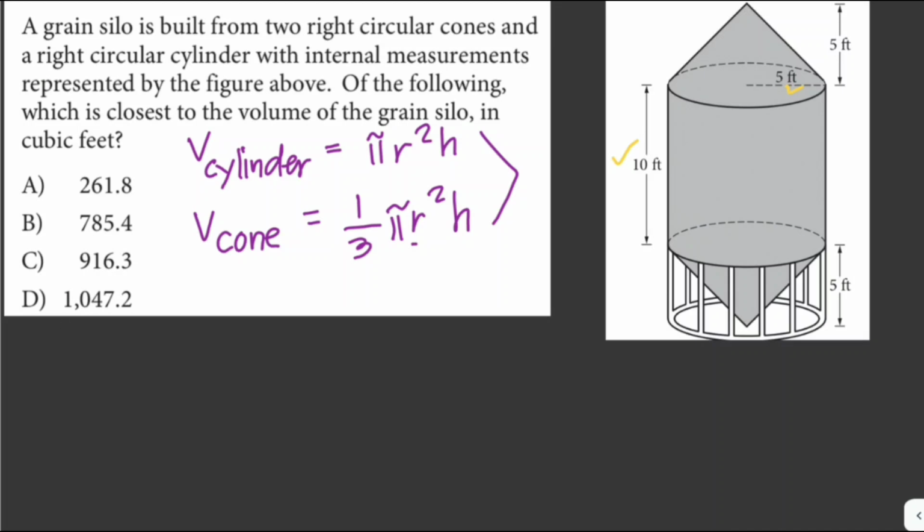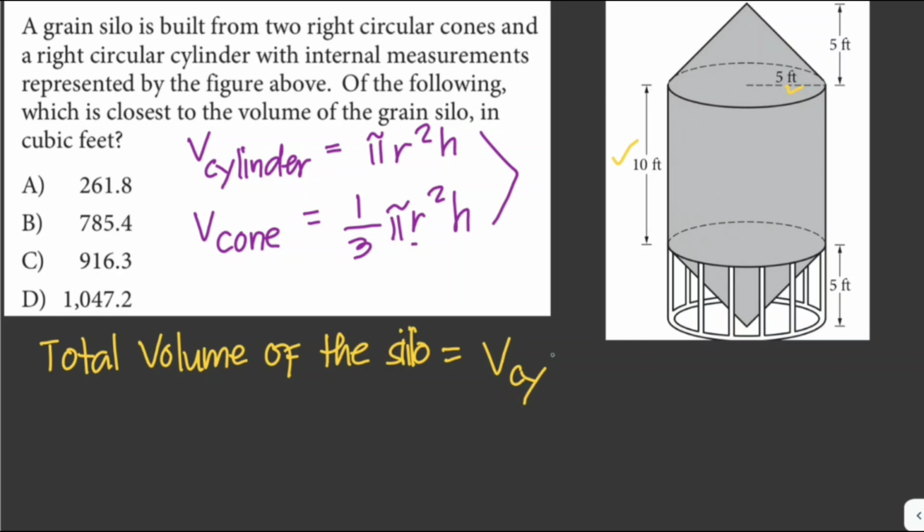So the total volume of the silo is just equal to the volume of the cylinder plus twice the volume of the cone.